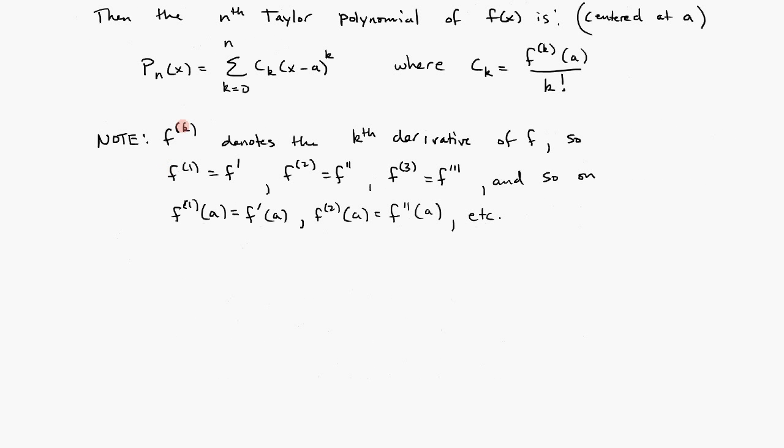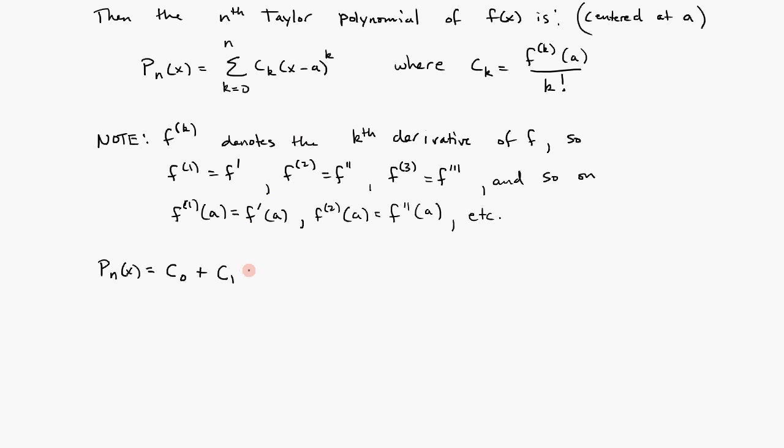Writing down each individual term of the Taylor polynomial, it'll look like the following. So P_n of x: the first term is when k equals 0, so c_0, and the exponent here is 0, so there's no x term. Then the next term is when k equals 1.